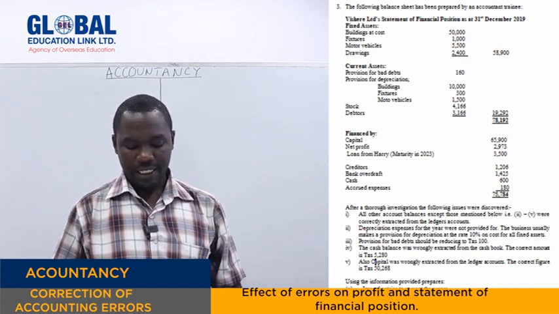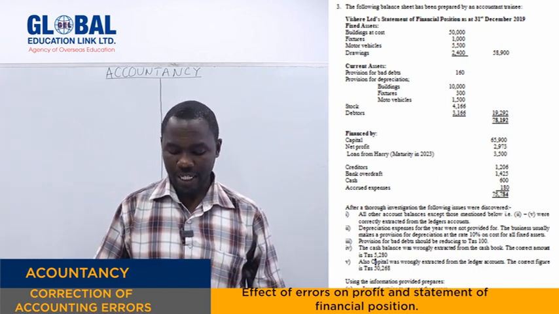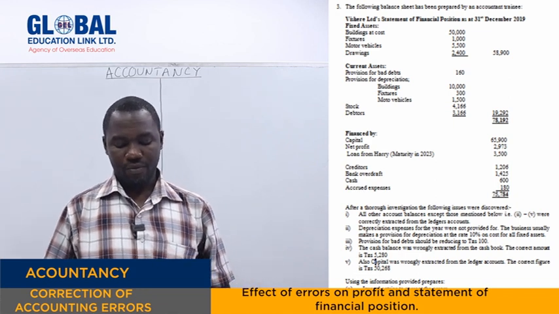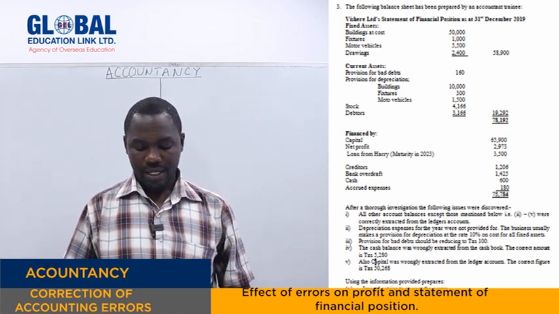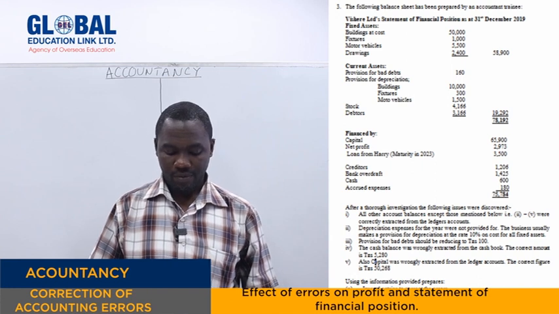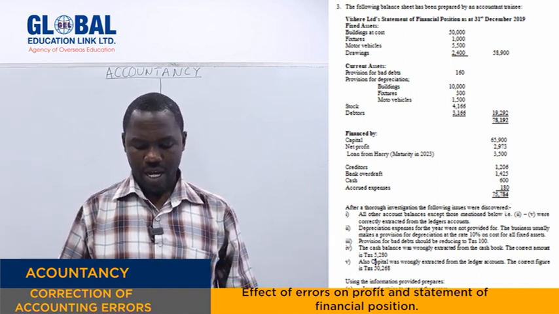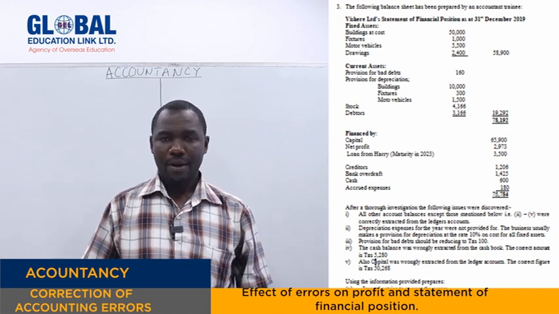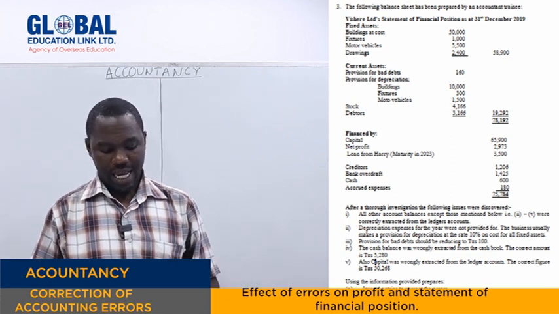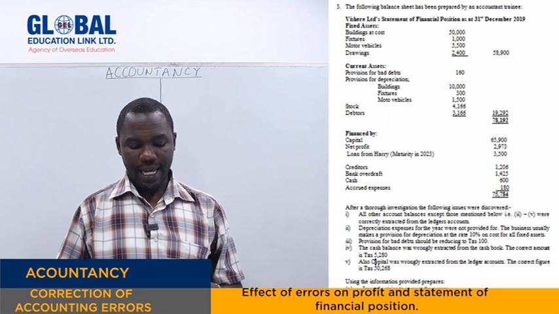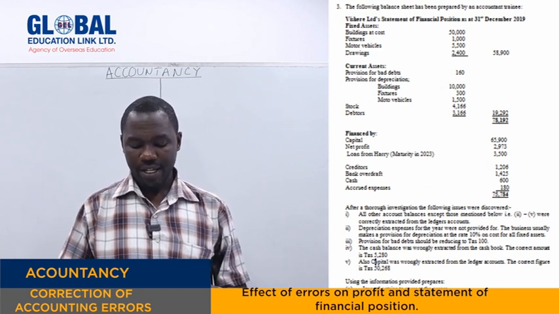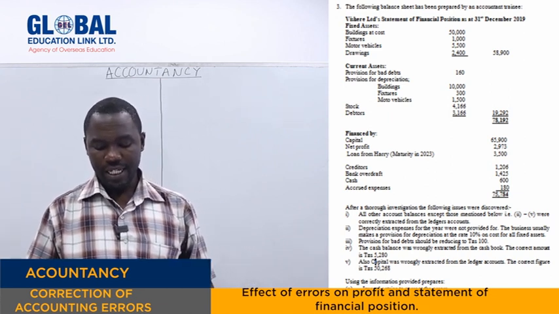Bank overdraft was 1,425. Cash balance was 600. There were accrued expenses of 180, making a total of the liability side to be 784.